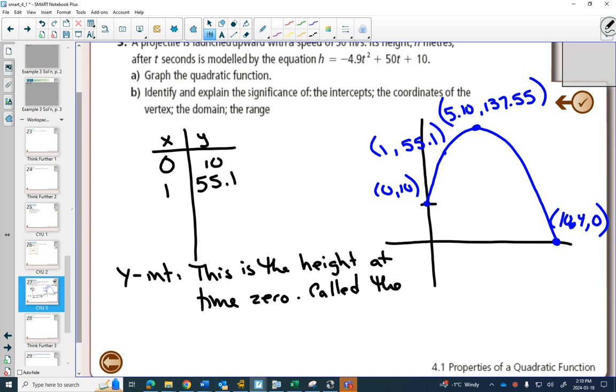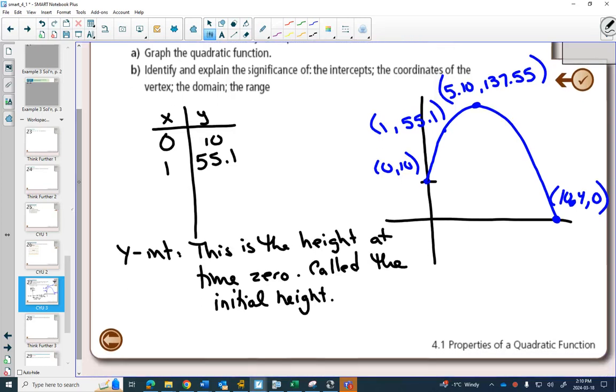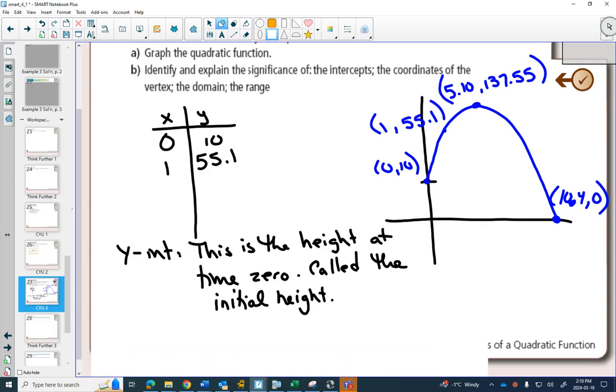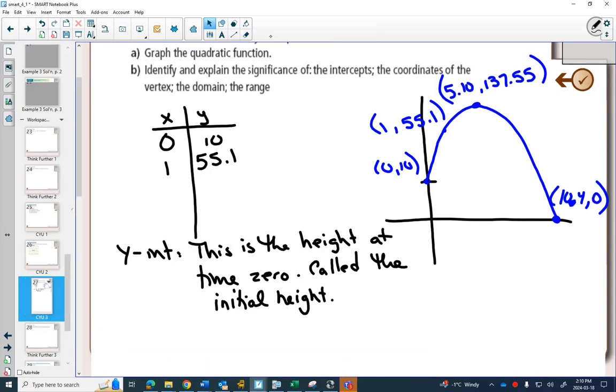Sometimes called the initial height. Does that make sense? At time 0, that would be our height. Next, our x-intercept. That's the 10.4.